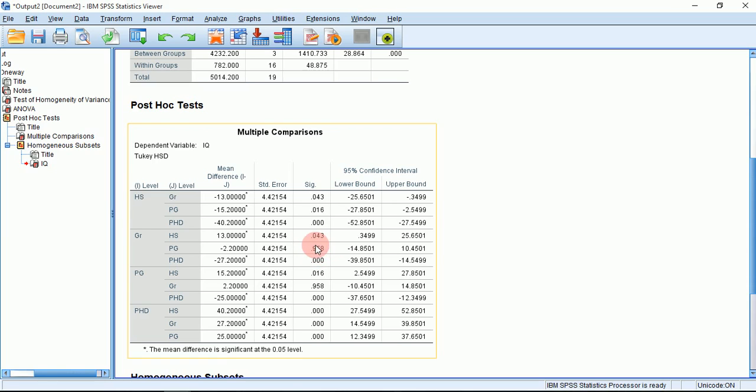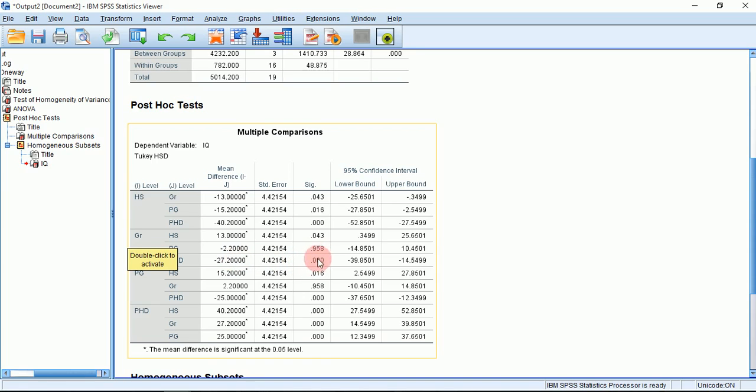And lastly, in this table, we find the mean difference between the PhD holders and graduates is 27.2, and this difference is also statistically significant.